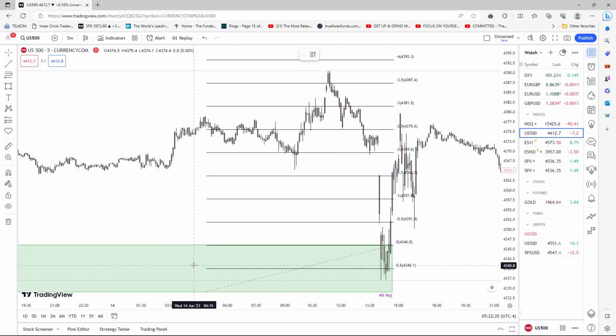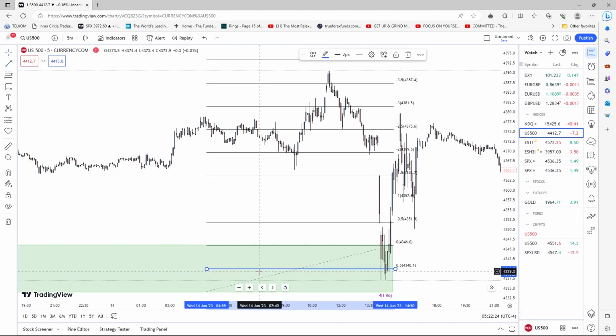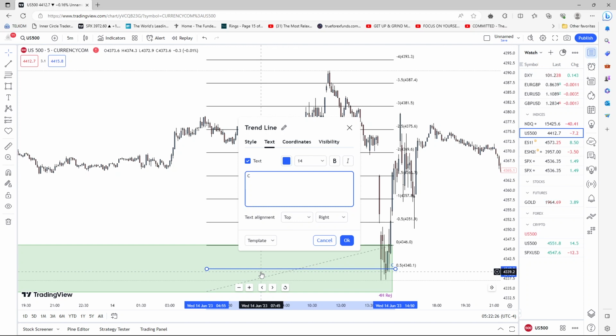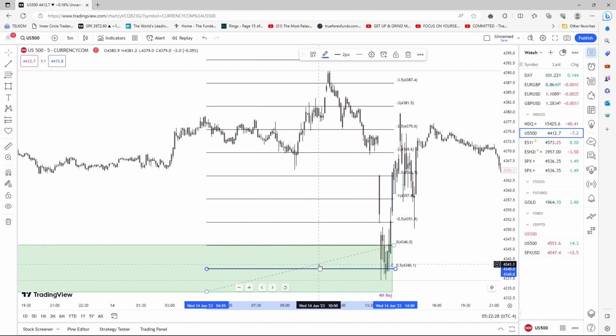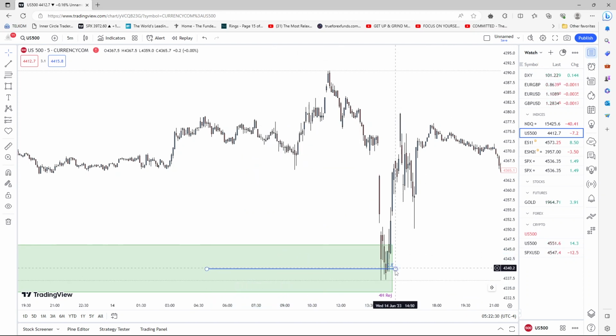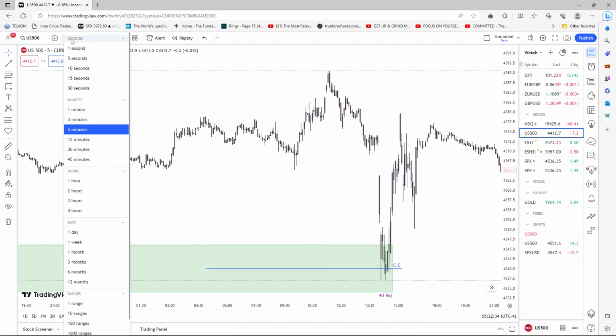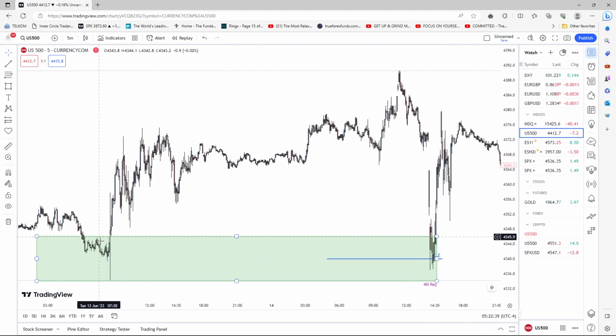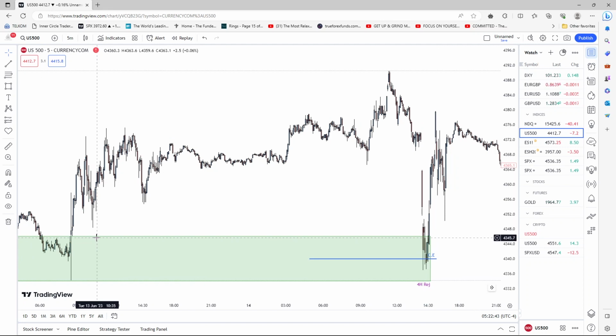Let me just make a crude depiction over here of consequent encroachment. Consequent encroachment level, and let's get rid of this fib. Let's just extend this a little bit. And working in the 5 minute, 3 minute, 1 minute, whatever you want to use as an entry model or whatever you trade.